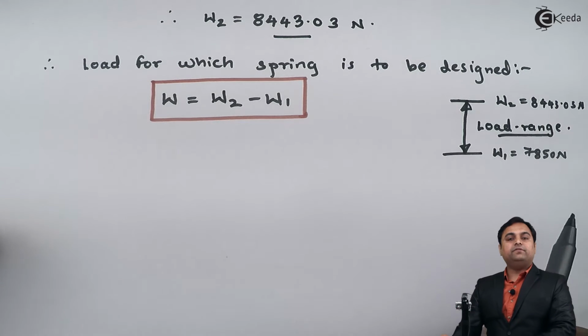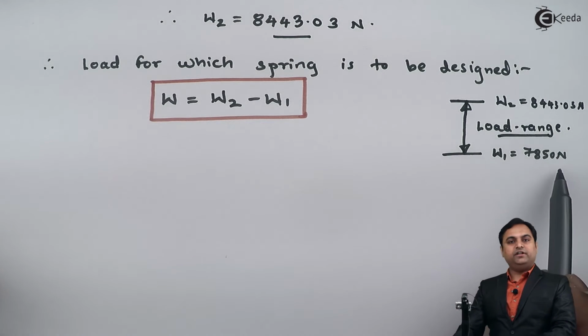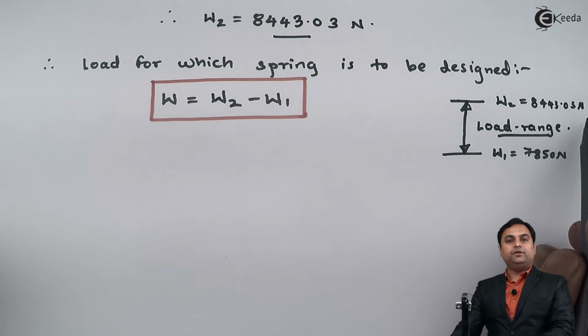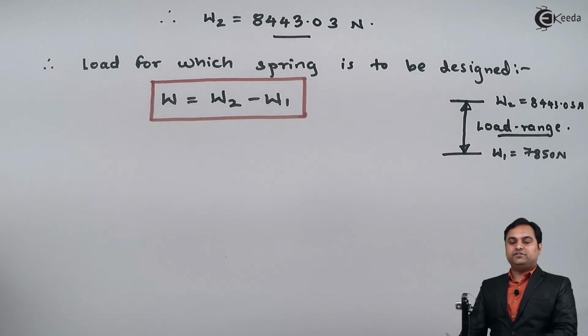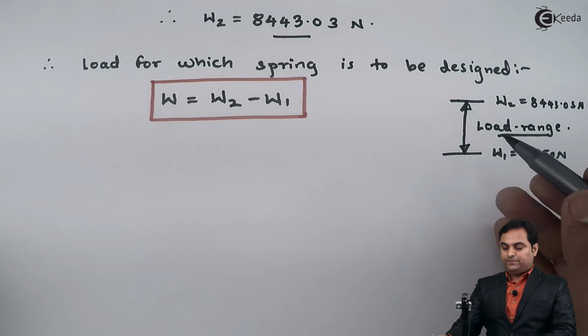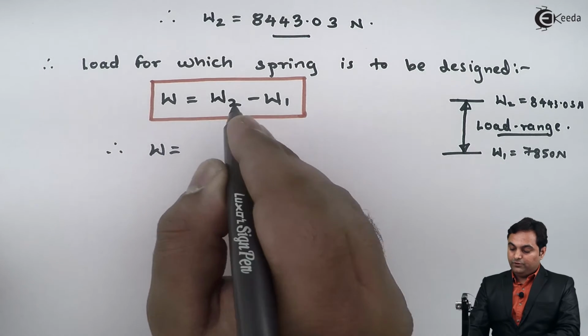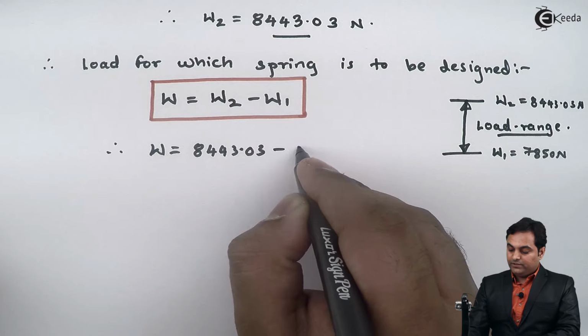So here it means that on this spring the minimum load will be 7850 Newton, maximum load would be 8443.03 Newton. So this is the load range for the given spring, and we have to design the spring for this load range. So load range is W is equal to W2 minus W1.